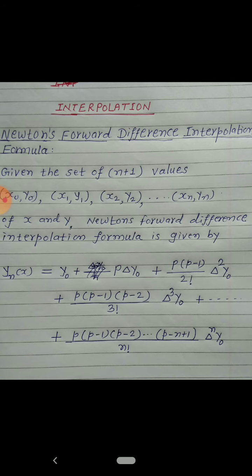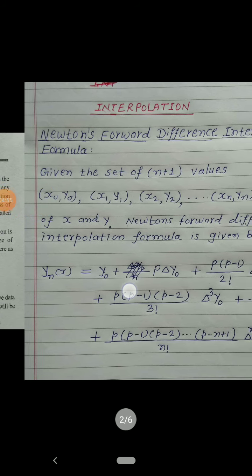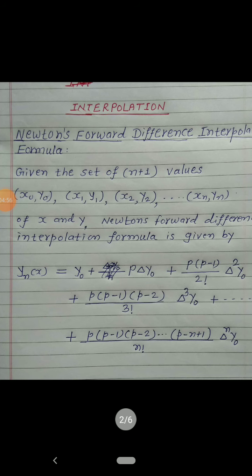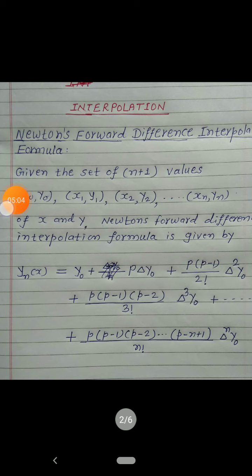Here x is the value for which we have to find the intermediate value, x0 is the first value of the given tabulated values, and h means the interval of differencing.